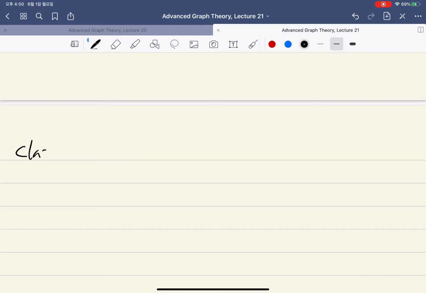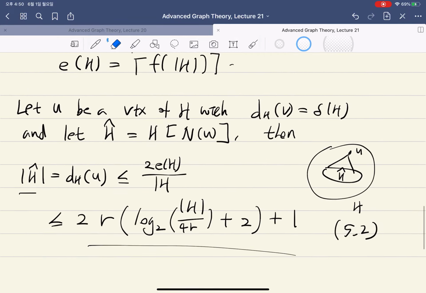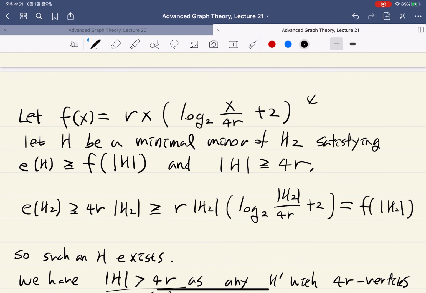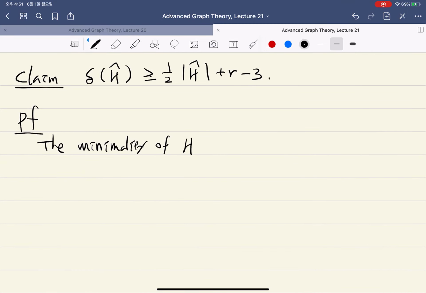Now we want to show that this H hat is as we want. This has the minimum degree, which is half of the number of vertices plus r minus 3. So, as the minimality of H, and H has more than 4r vertices. That means once you delete an edge or delete a vertex, then this second condition again holds. So that means the first condition is something that's broken.